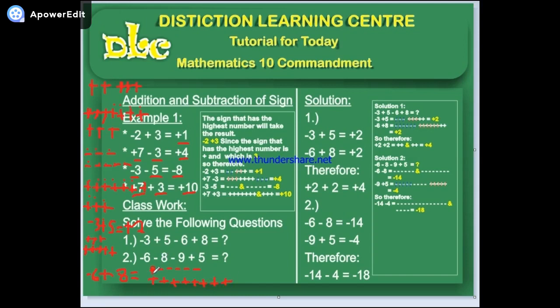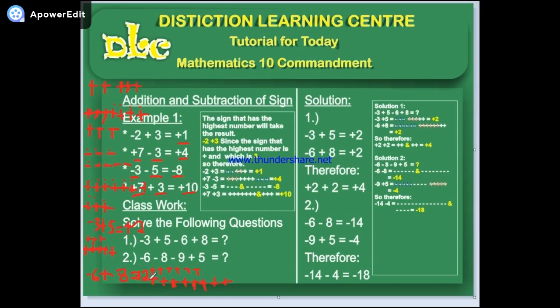That means you have 1 cancel 1, 2 cancel 2, 3 cancel 3, 4 cancel 4, 5 cancel 5, and 6 cancel 6. So what now remains? It remains 2 plus. So that means minus 6 plus 8 is equal to plus 2.